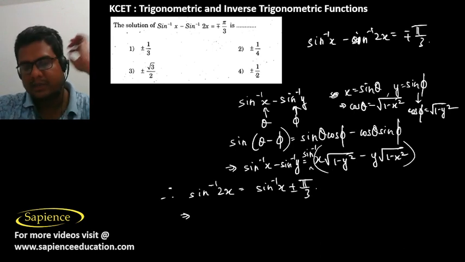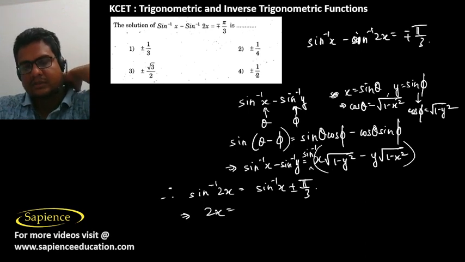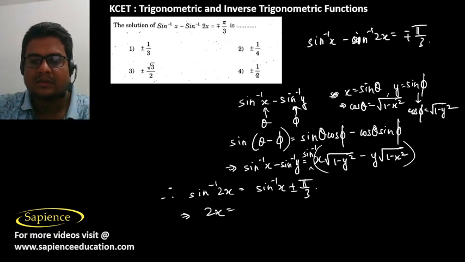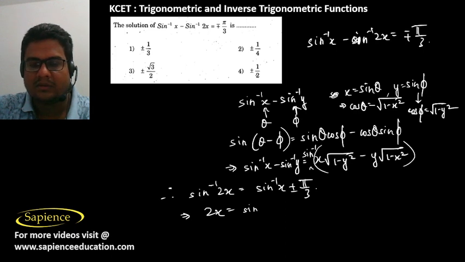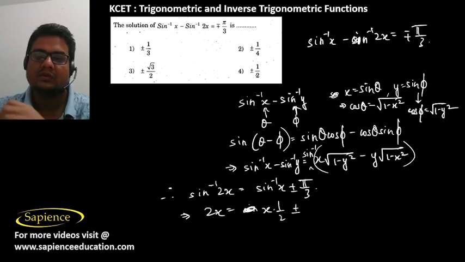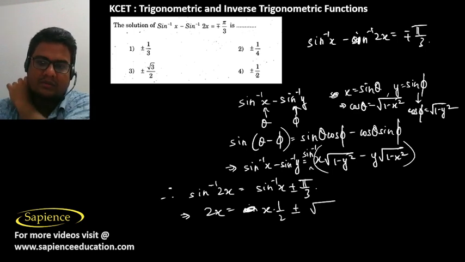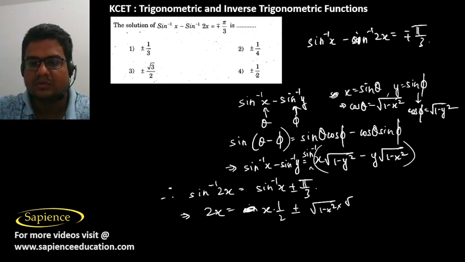Now if we apply sine on both sides, this will be 2x, and on the right, sine a cos b, so x into cos pi by 3, which is half, plus or minus cos a, which will be the square root of 1 minus x square, into sine b, sine pi by 3, which is root 3 by 2.